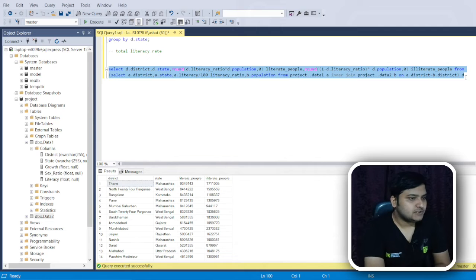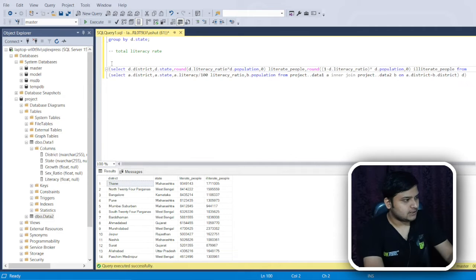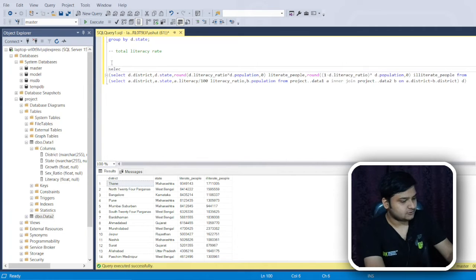Let us do a simple group by to do this on a state level basis as well. So I would use the group by function. I would need the state, and then I would give the sum over the total literate people.